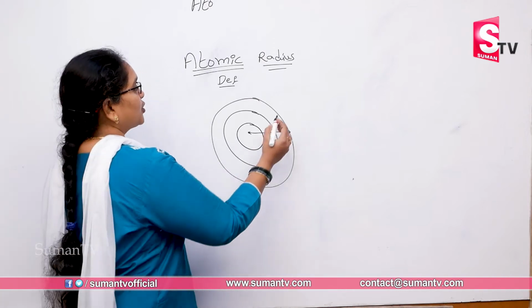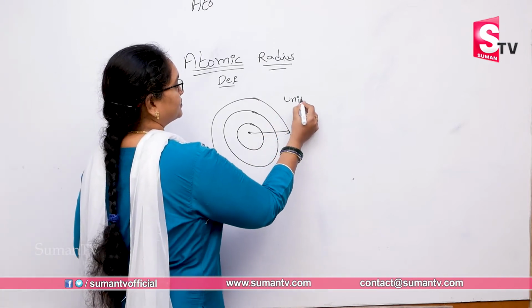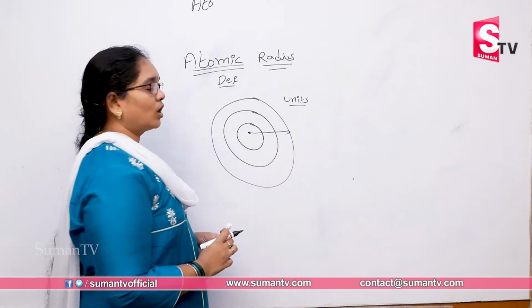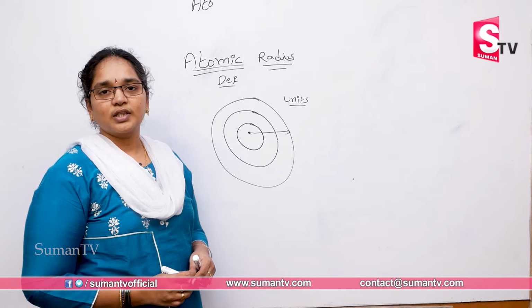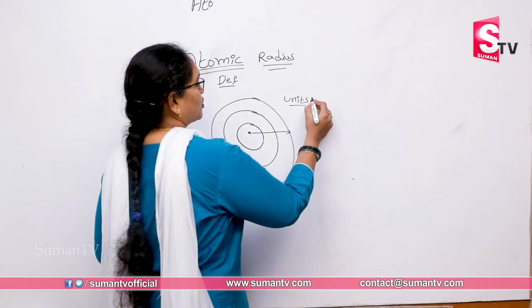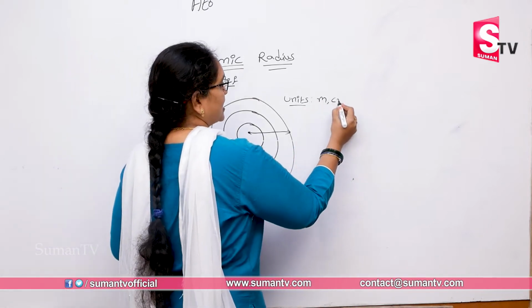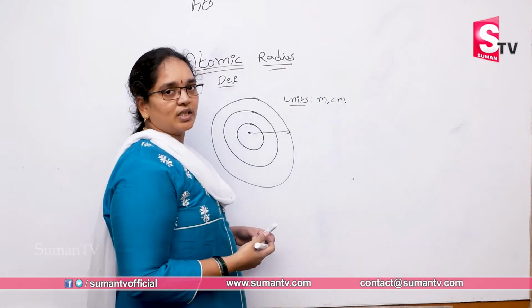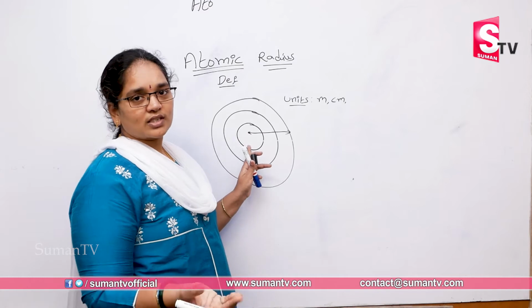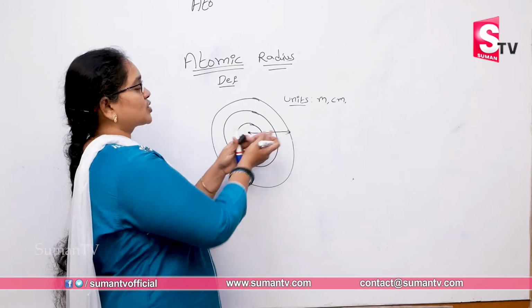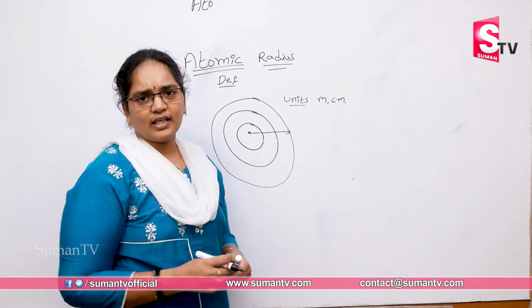So what are the units? Generally it is a distance, so we use meters and centimeters, and the bigger unit is kilometers. But an atom is invisible to us, and the distance between the nucleus and the outermost shell is very small.